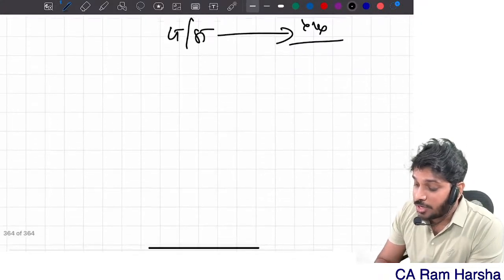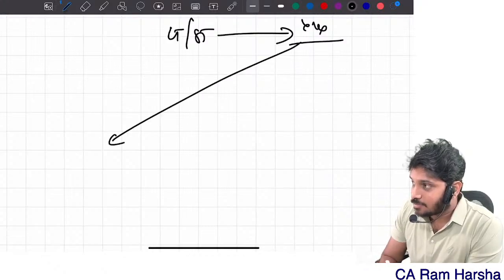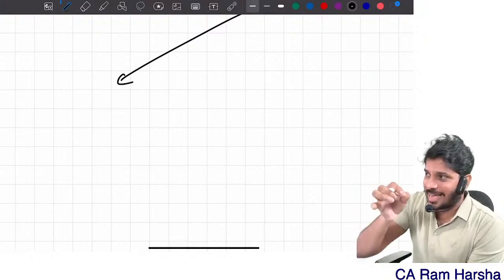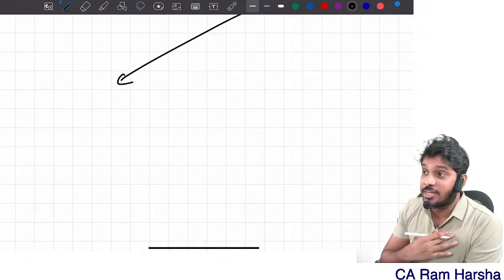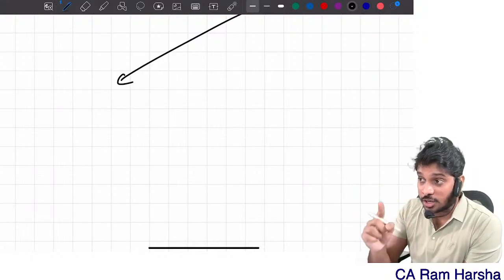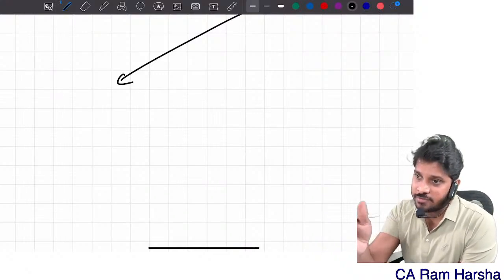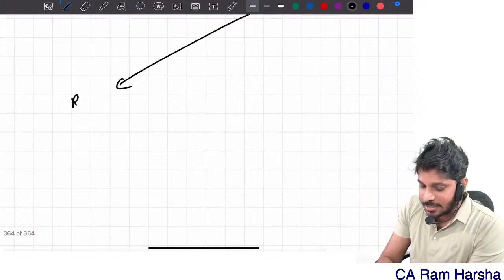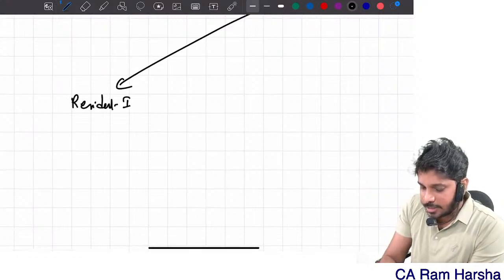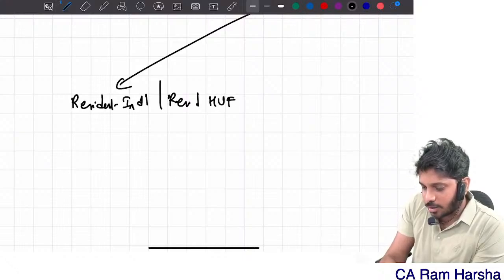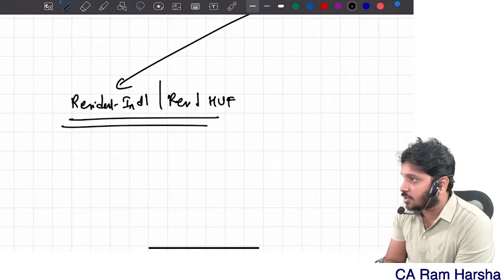Now, you need to pay tax on this, right? When you are computing tax amount on capital gain, resident individual and resident HUF were given one option.